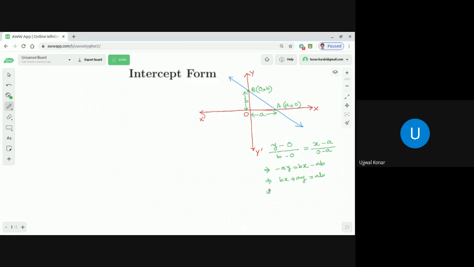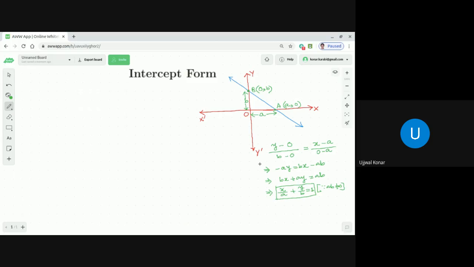Now if we divide both sides by ab, then bx by ab is nothing but x by a, plus ay by ab is nothing but y by b, equals 1, since a into b is not equal to 0. So this is the equation of a straight line in intercept form.